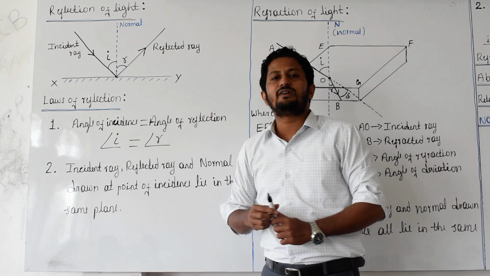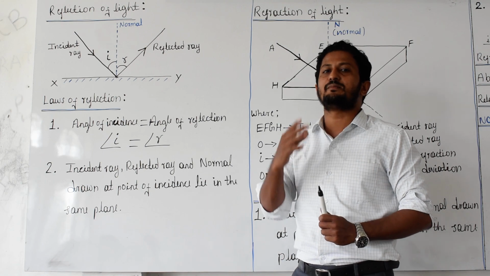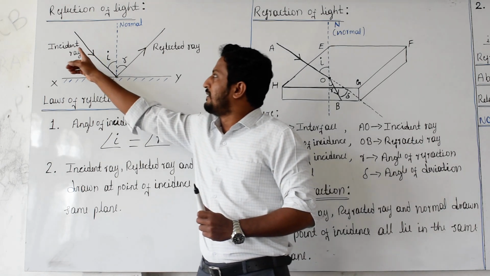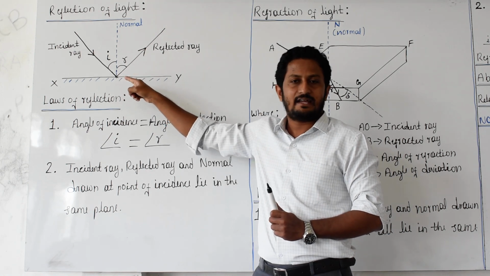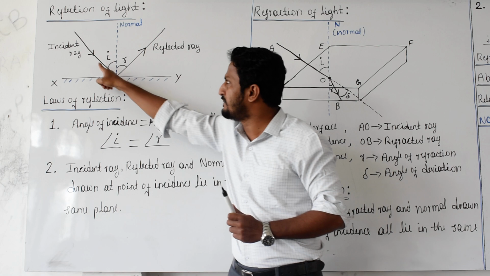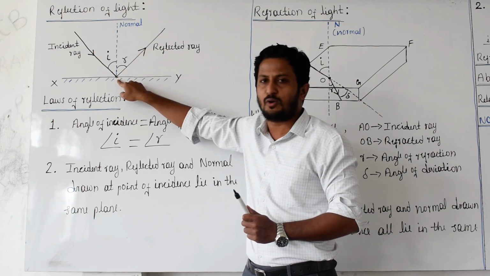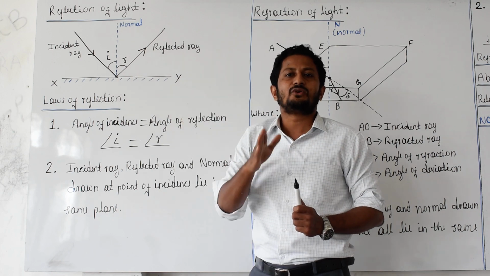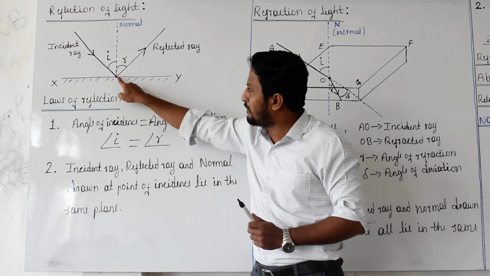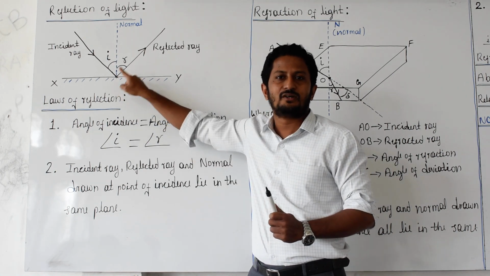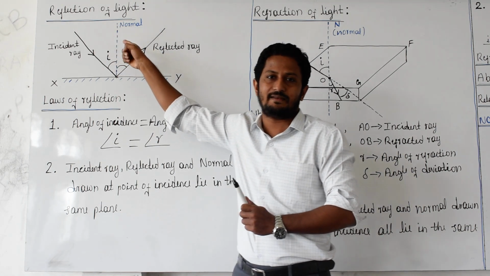Here what we have to do firstly while drawing the diagrams is very important. See where the light ray is going to strike. At the point where the incoming light strikes the surface, firstly you have to draw one perpendicular line.